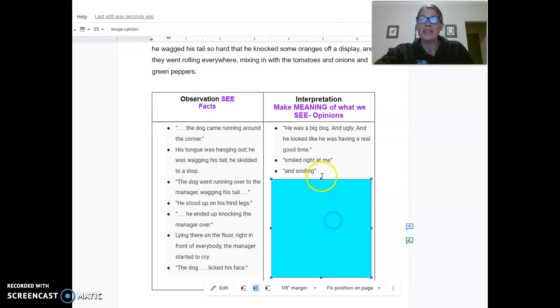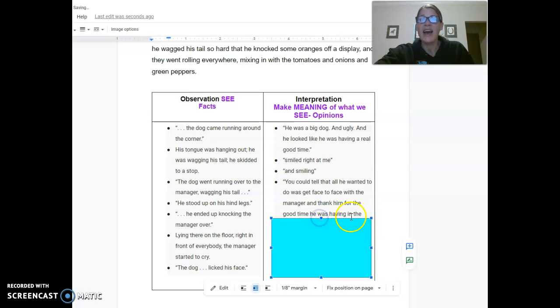And then right next to that, we see her interpretation. You could tell all he wanted to do was get face to face with the manager and thank him for the good time he was having in the produce department. Okay, and I know yesterday, I don't know if you guys talked to Ms. Corbin about this, but we talked about how, again, the manager's interpretation of the dog doing this probably was not the same as Opal's.